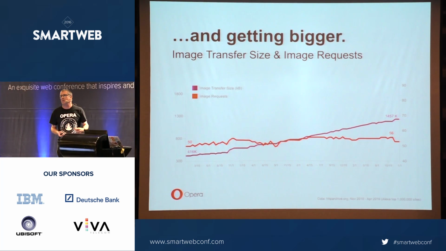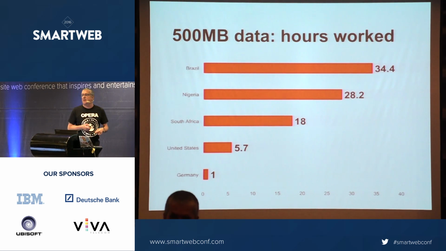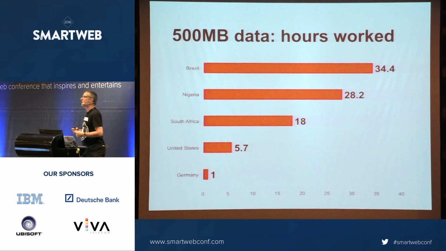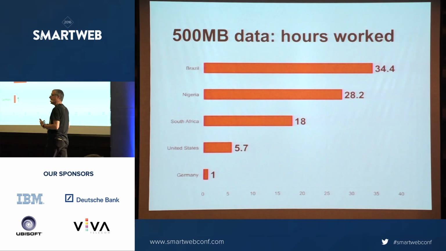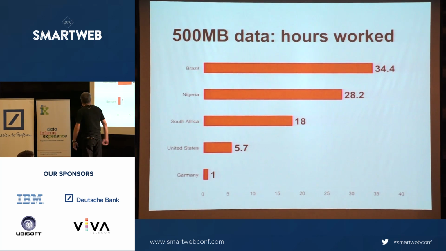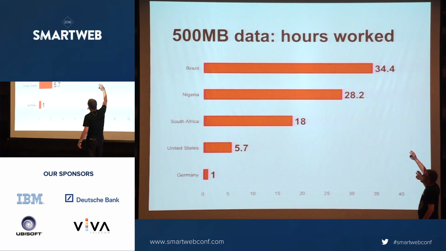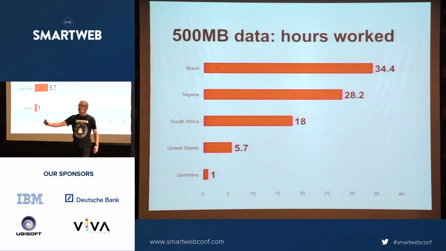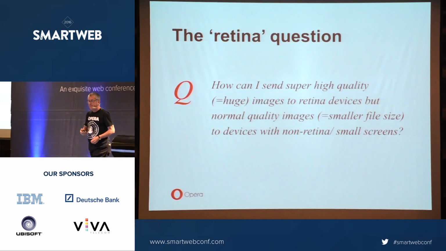It takes 6 hours' work at minimum wage in the US, and in Brazil it takes 35 hours' work to afford a 0.5 megabyte monthly broadband package. So if you are making sites internationally and your images are not small and responsive, you are making some poor Brazilians and Nigerians work really hard, and that's not fair because these are real people.